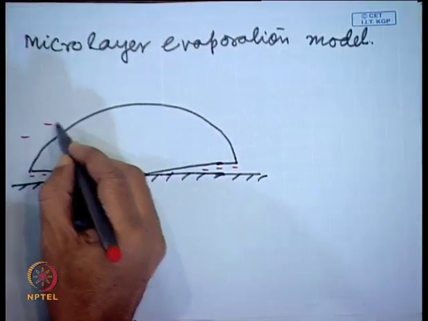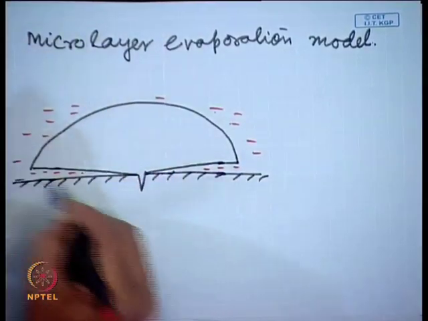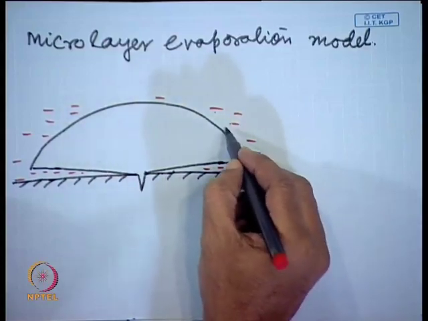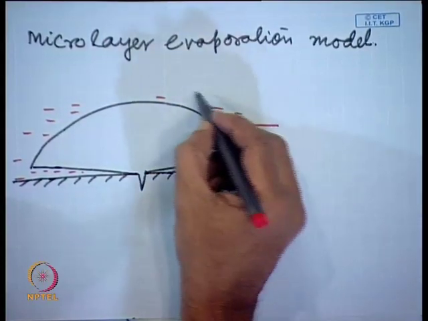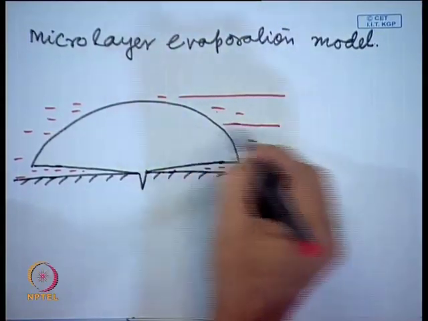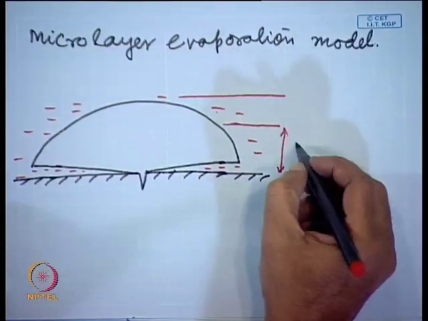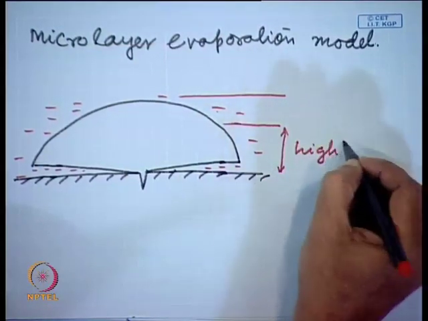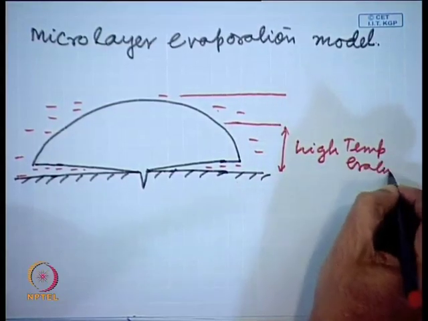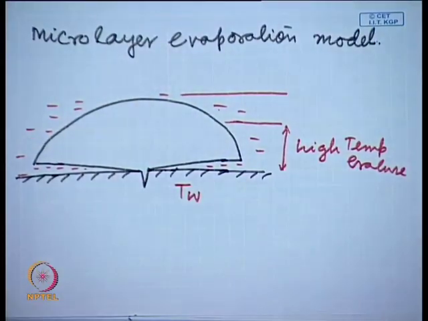but the liquid here near the vapor base, or up to this point depending on the size of the vapor bubble, is at high temperature, and here of course T wall is the highest temperature.